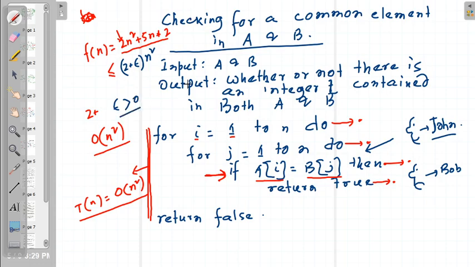But this 2 plus epsilon, our brain is not comfortable with that. So instead of that, we should take 3, just one more might be okay here, 3n square.